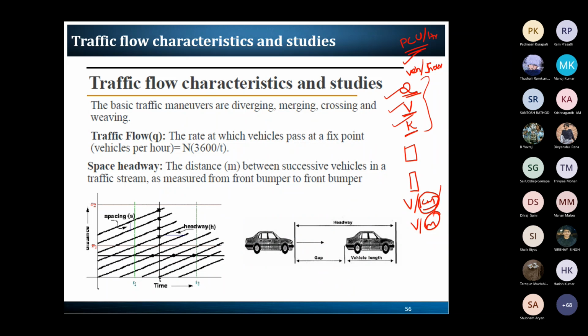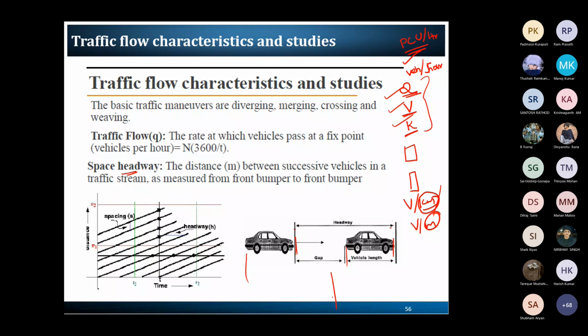We have a proper relationship between these parameters. Other than that, we have two types of headway. Headway is the distance between two vehicles. If you consider rear to rear or bumper to bumper, that distance is defined as the space headway.